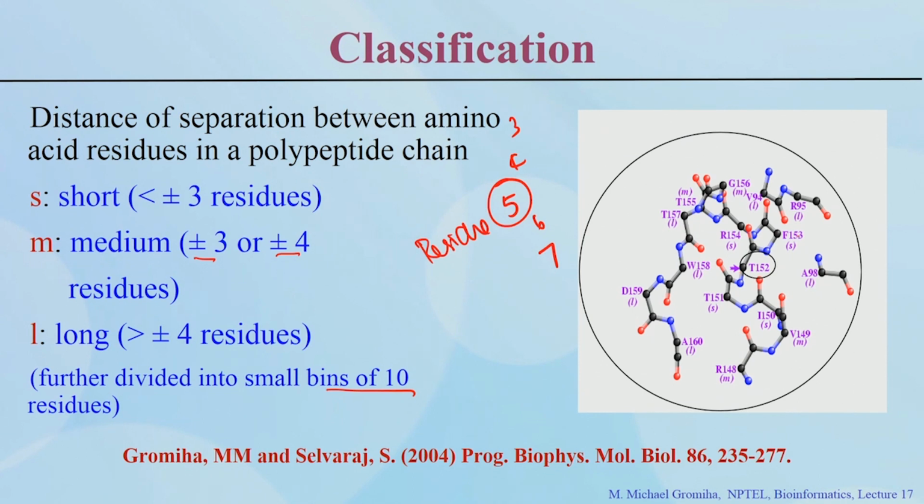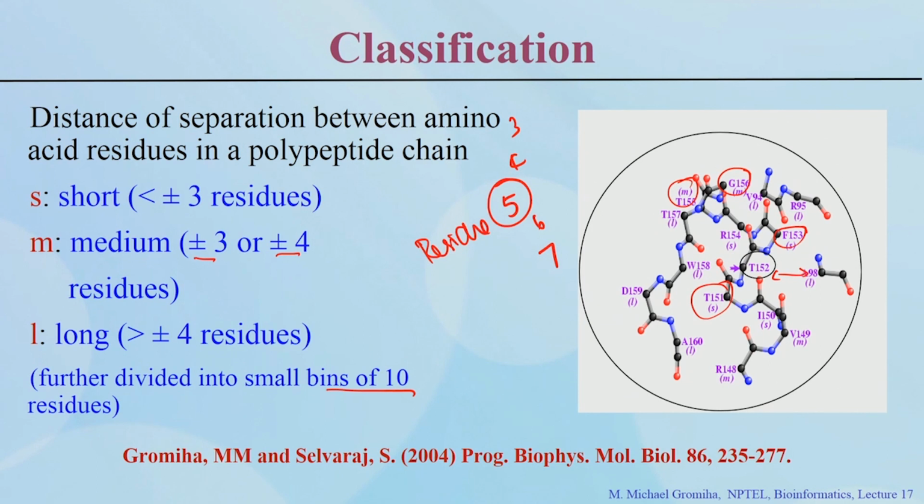Some residues, for example, F153 and 151, are just neighboring residues. These residues form short range contacts, and in some cases, for example, 156 and 155, they are 3 to 4 residues far apart. So, they make medium range contacts, and some residues are far away in the sequence but close in space. For example, 152 and A98.